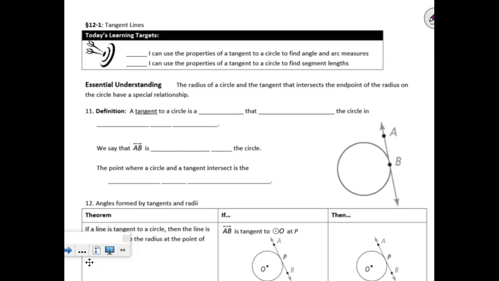So a tangent to a circle is a line that intersects the circle in exactly one point. So in our drawing, point B is the point of tangency.